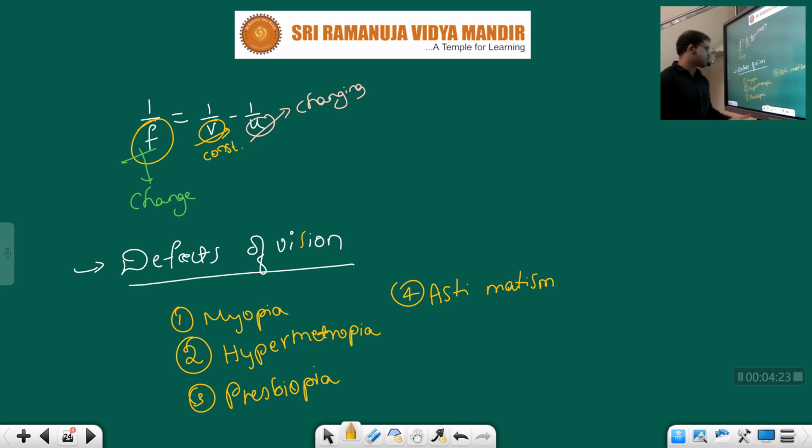Myopia, hypermetropia, presbyopia, and astigmatism. So these are the eye defects which we are about to cover now. In that, the first one, children, myopia.